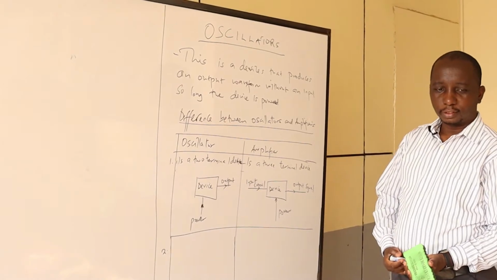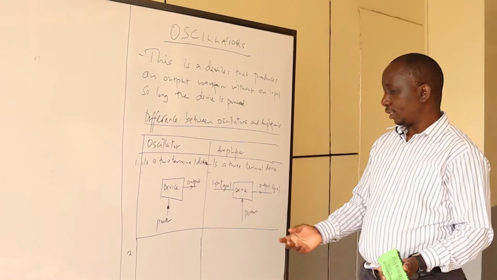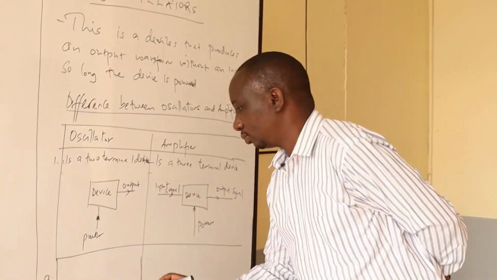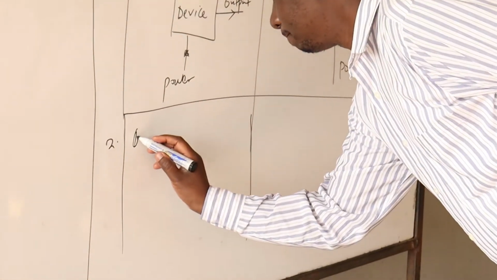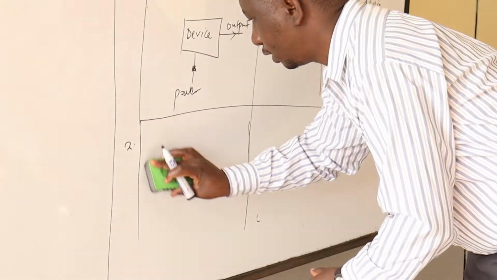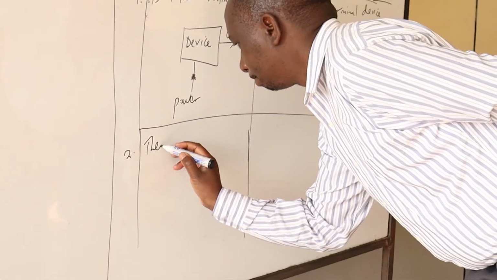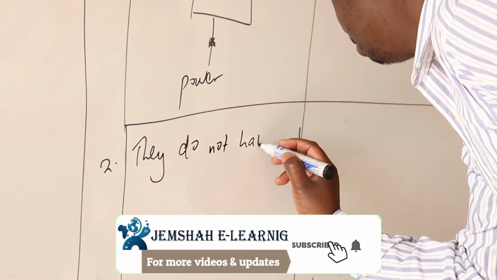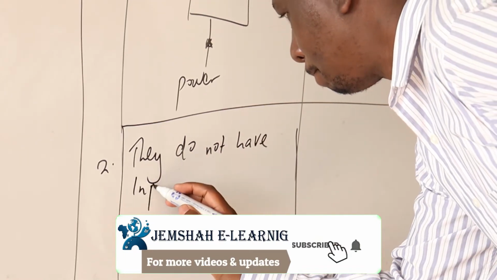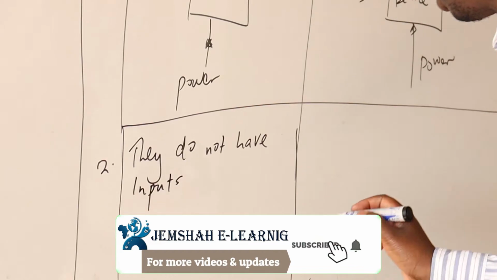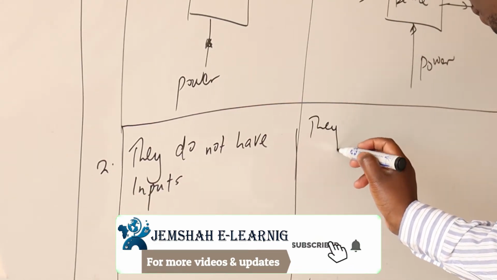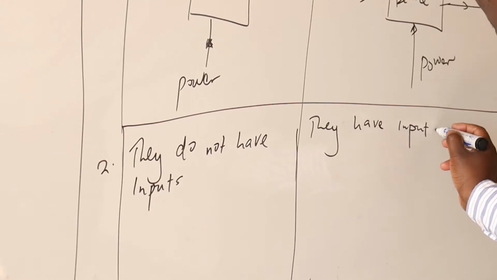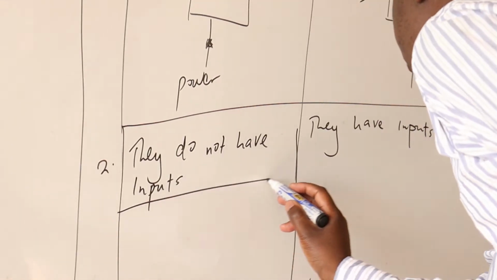The second difference is that an oscillator has no input; oscillators do not have inputs, while amplifiers have inputs.